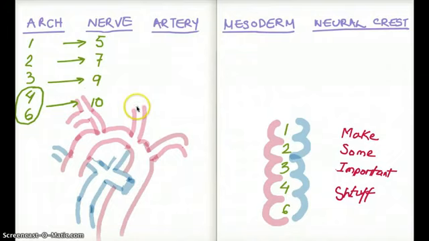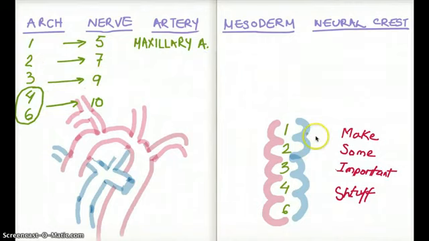Now let's talk about the artery. This is where the mnemonic really plays a good part. So you see how it says make some important. We're going to use that for our artery mnemonic. The first one says M, make. So M for maxillary. That's brachial arch 1 gives rise to maxillary artery.